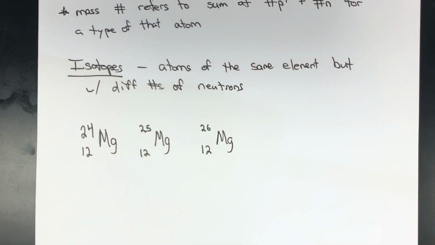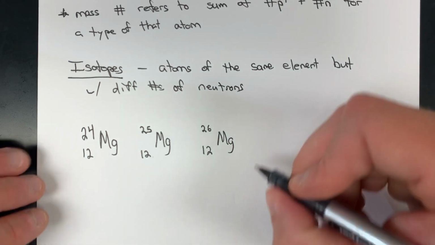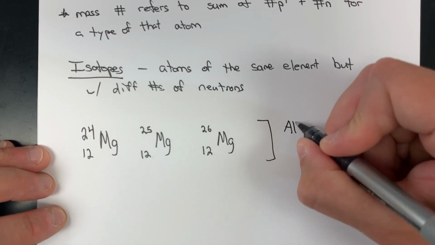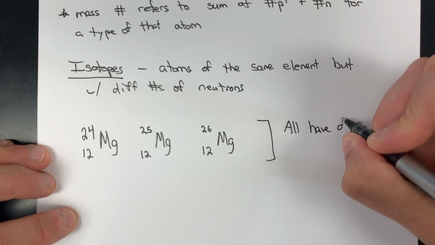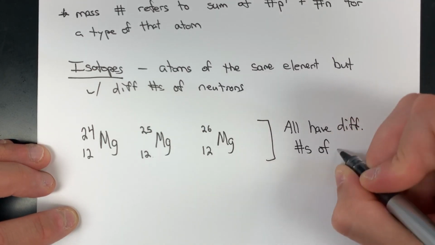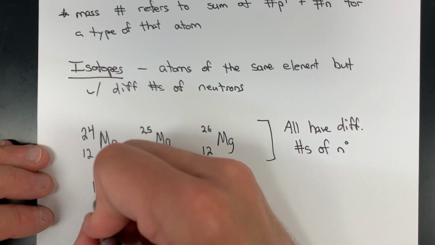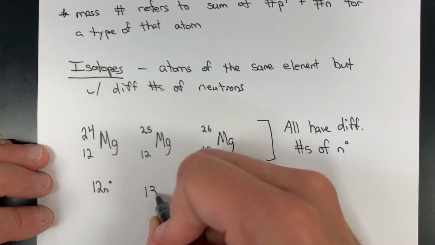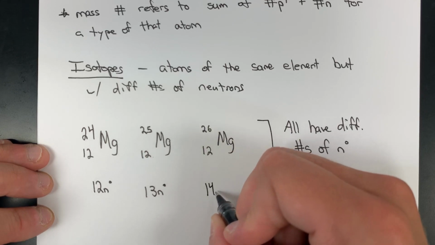Now again, the idea here is that they're all magnesium because they all have 12 protons, okay? However, they all have different mass numbers. Now, the reason they have different mass numbers is because all of these all have different numbers of neutrons, right? In this case, we have 12 neutrons. Over here, we have 13 neutrons, and over here, we have 14 neutrons.